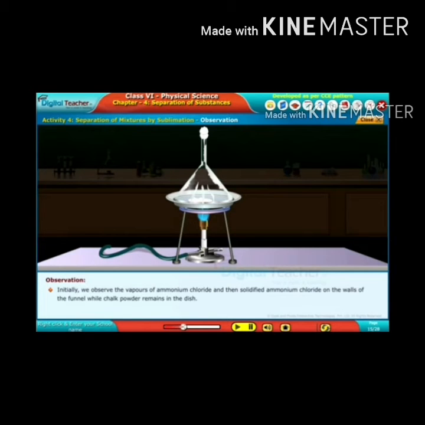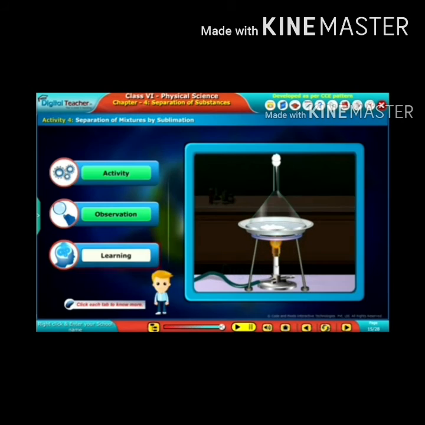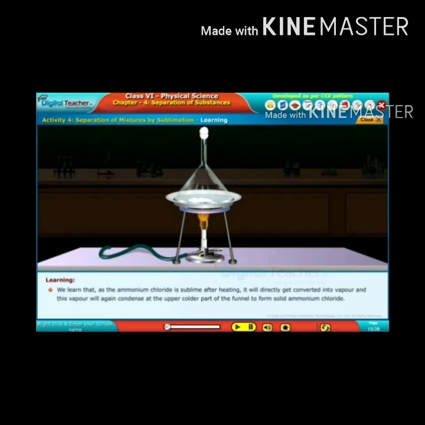After some time, vapors are deposited at the side of the funnel. It shows that ammonium chloride changed into its vapor form and deposited on the side of the funnel. Stop the heating.